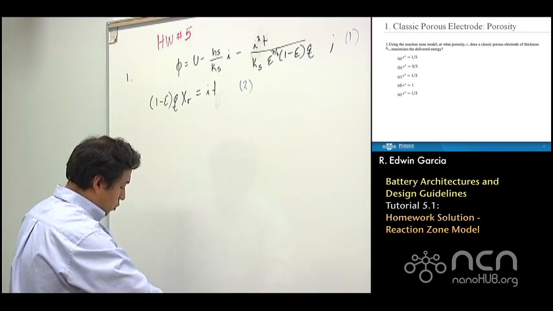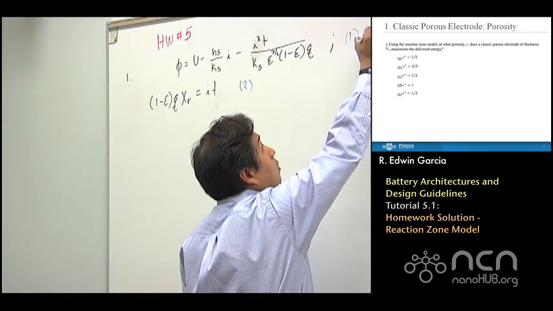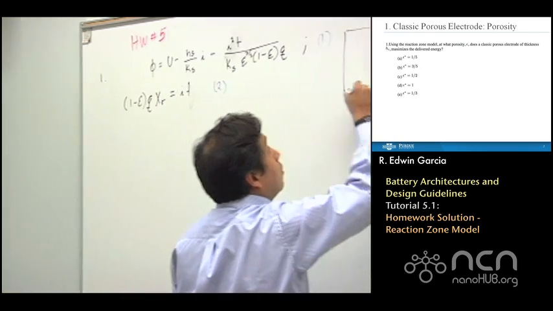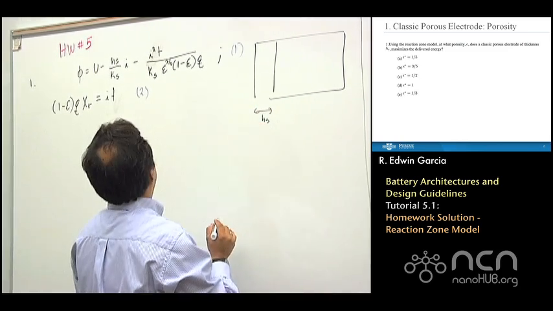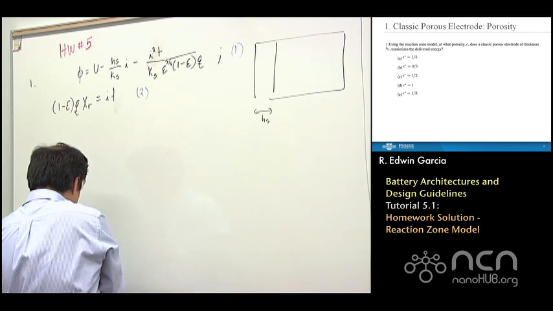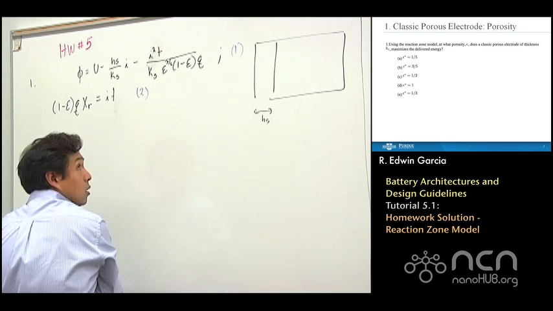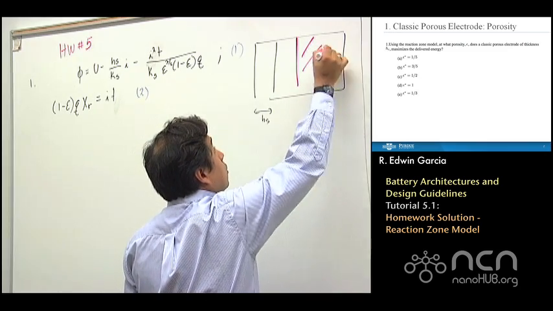And the conceptual picture here corresponds to having one electrode whose separator has a thickness H sub S, and inside there's a section that has not been used.